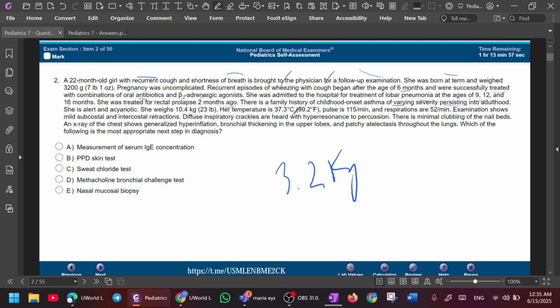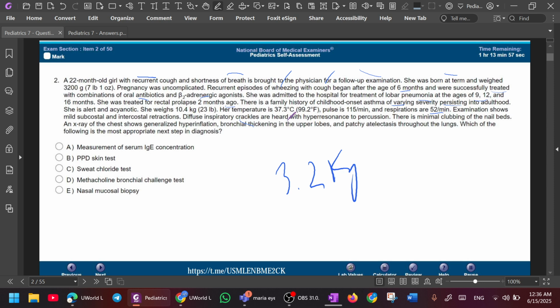Temperature is 37.3 degrees Celsius. Pulse is 115 per minute. Respiration is 52 per minute. Examination shows mild subcostal and intercostal retractions.